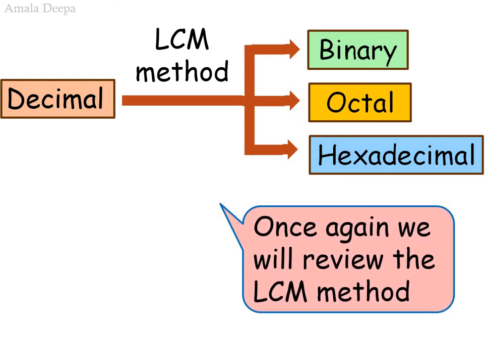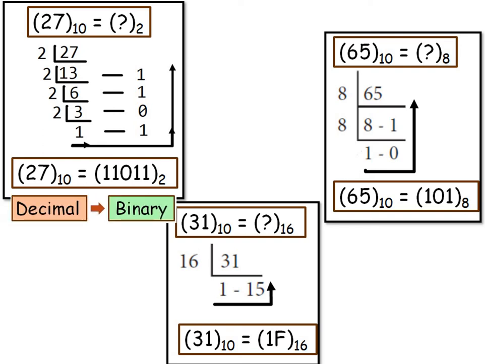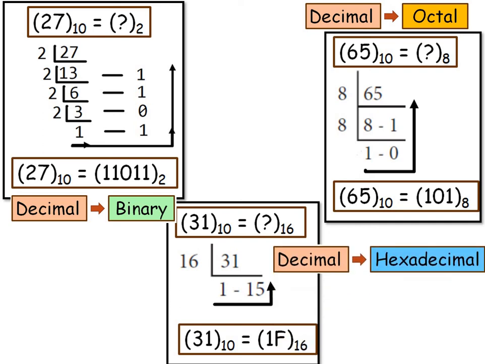Once again, we will review it. In the first example, 27 base 10, to convert to binary, we divide by 2. Similarly, to convert decimal to octal, divide by 8. Again, take a decimal number and divide by 16 to get hexadecimal.